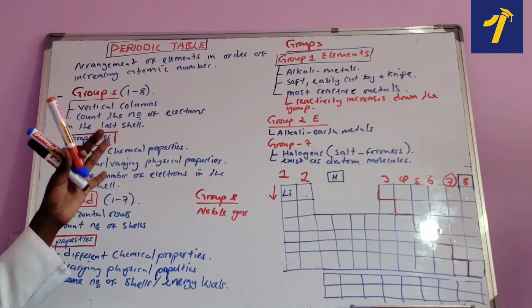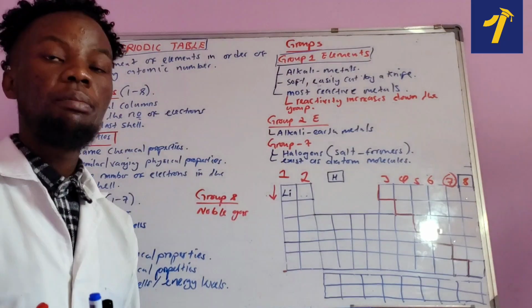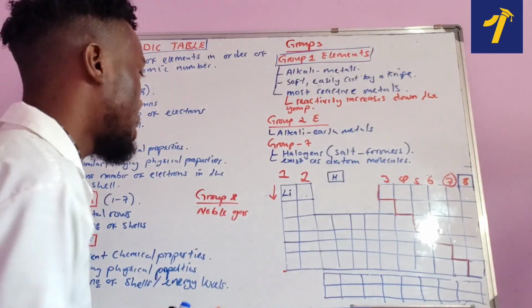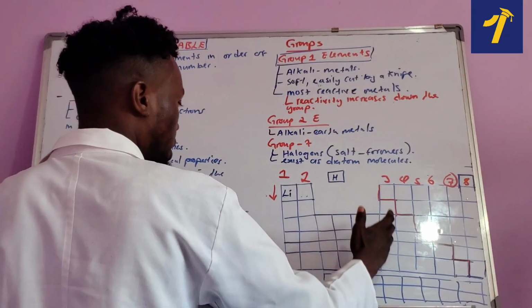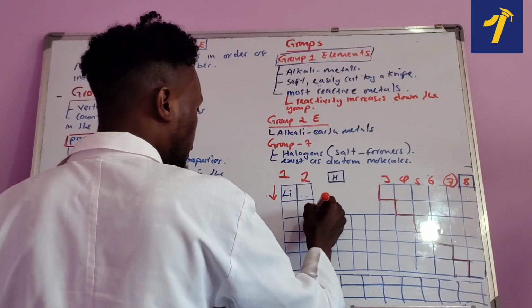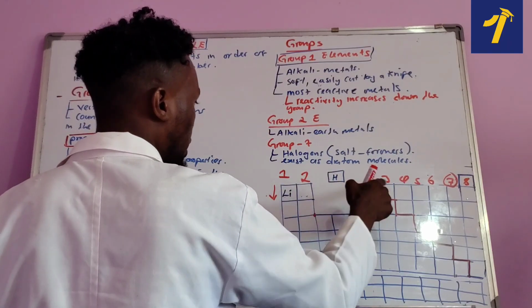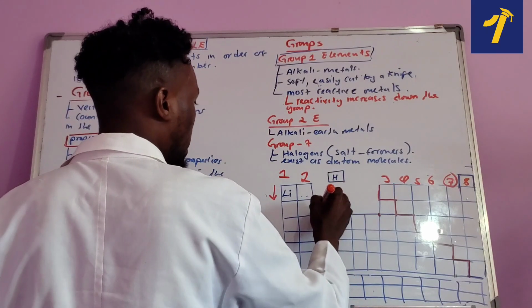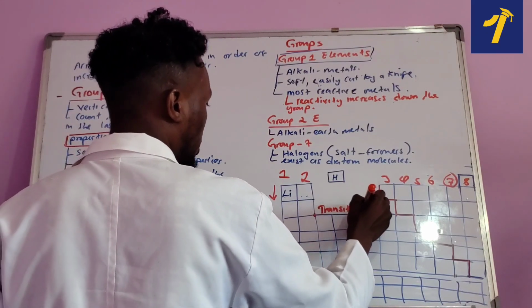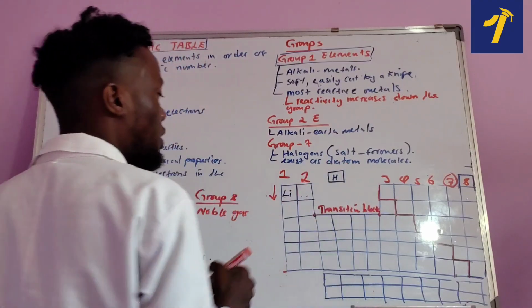So that's about the groups on the periodic table. Another important group that I didn't talk about is this block. This block starting from here, between group 2 and group 3, is called the transition block, or the group of transition metals.